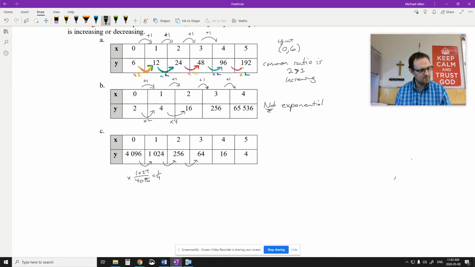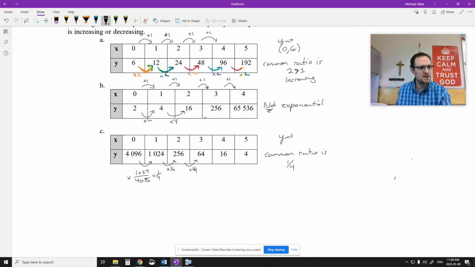Divided by 4 again, I get 4. So they all have a nice common ratio where I'm timesing by a quarter each time. So my common ratio is 1/4. Okay, so it seems that it's common, so it's exponential for sure.